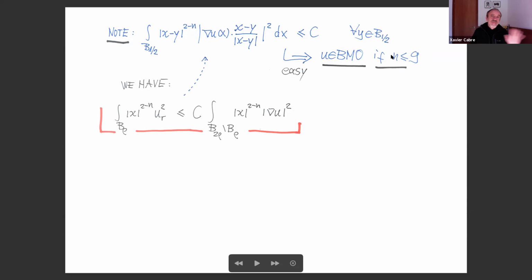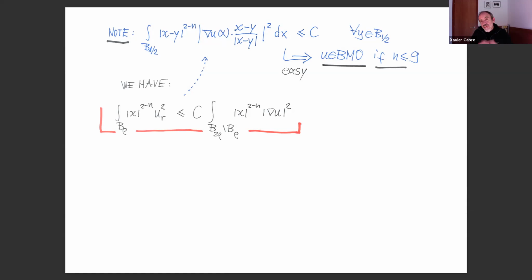So this we knew, well, at least I knew and I communicated to some experts for more than 6 or 7 years, but still we were stuck, okay? This is what we have. If we had that in the annulus, our right-hand side, which is this, was controlled by the same quantity, but involving only the radial derivative instead of the full gradient, then we are done.